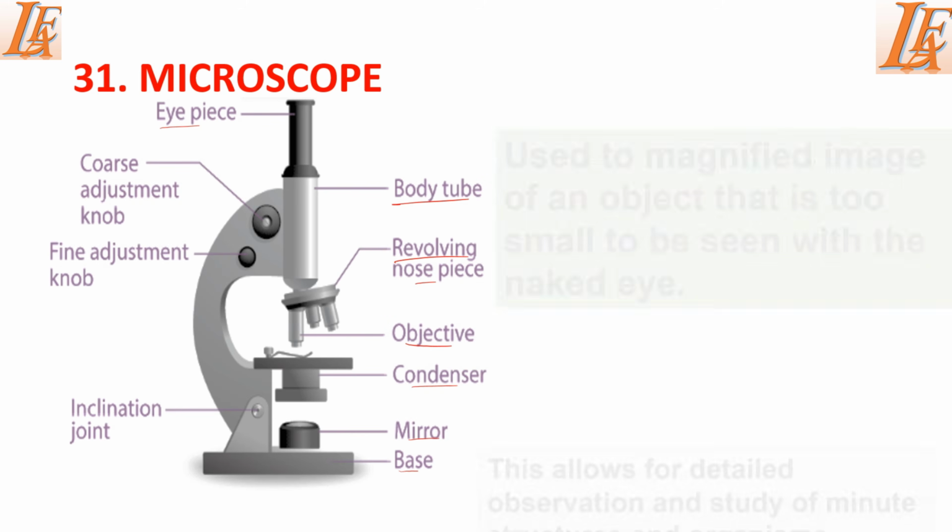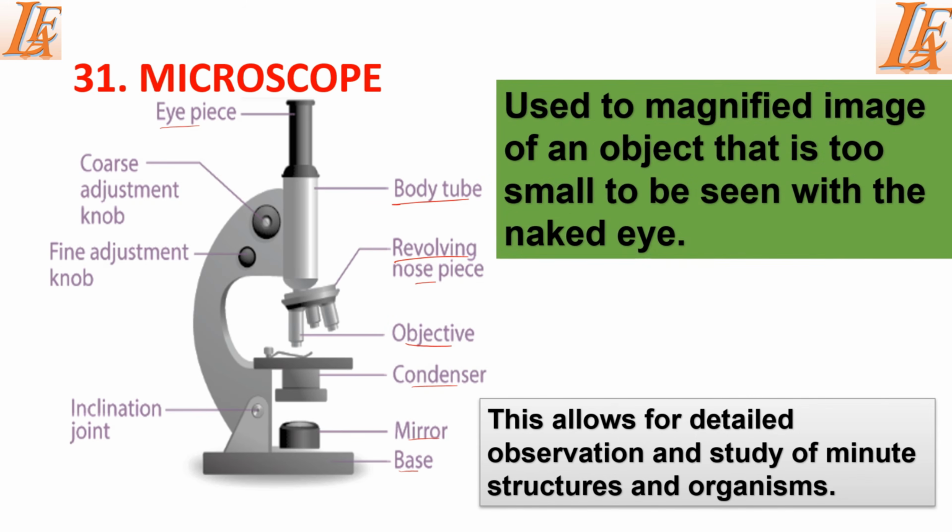The function of this microscope is to magnify the image of an object that is too small to be seen with the naked eye. It allows for detailed observation and the study of minute structures and organisms.